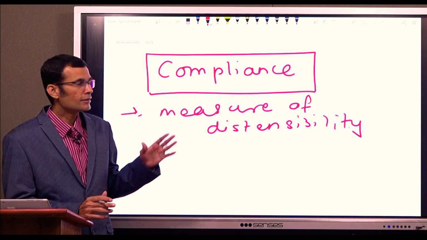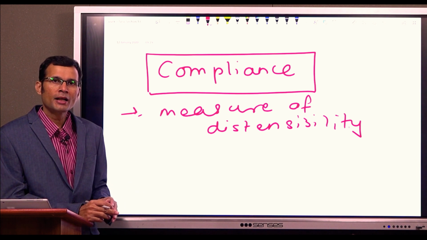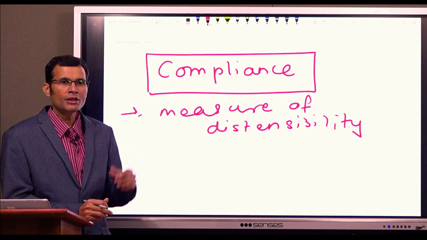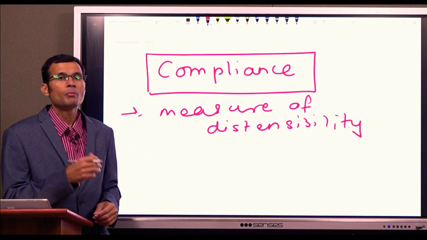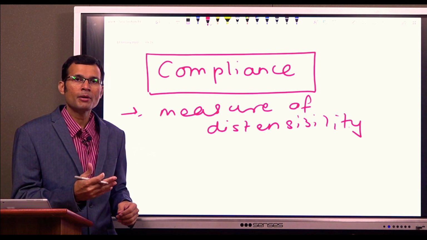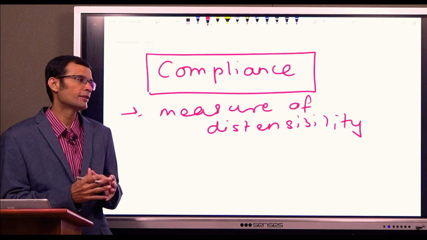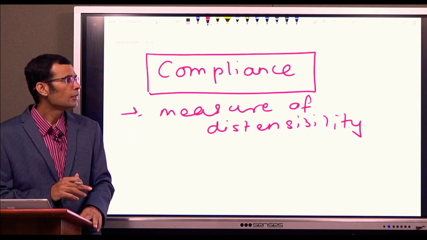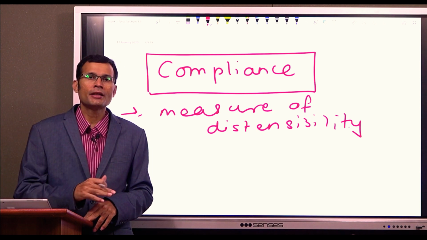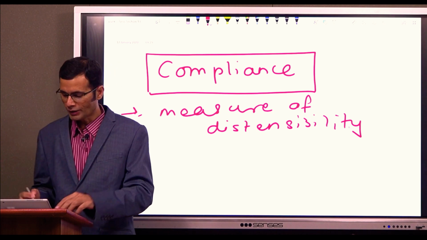Similarly, in the lung parenchyma, each fiber or each elastin may not be that stretchable, but when it becomes the lung parenchyma, it's quite stretchable or distensible. So, compliance is a measure of that stretchability or distensibility of the lungs.